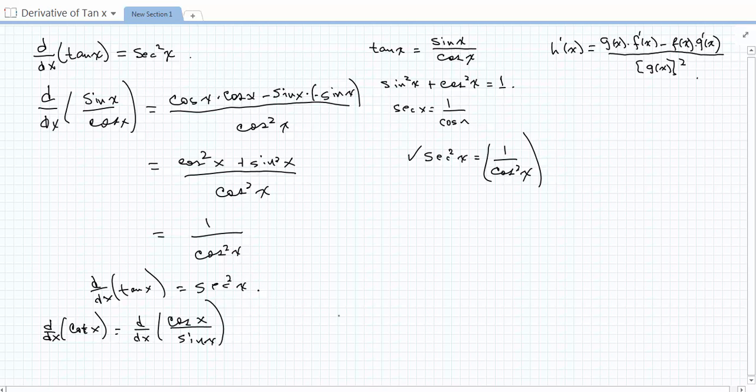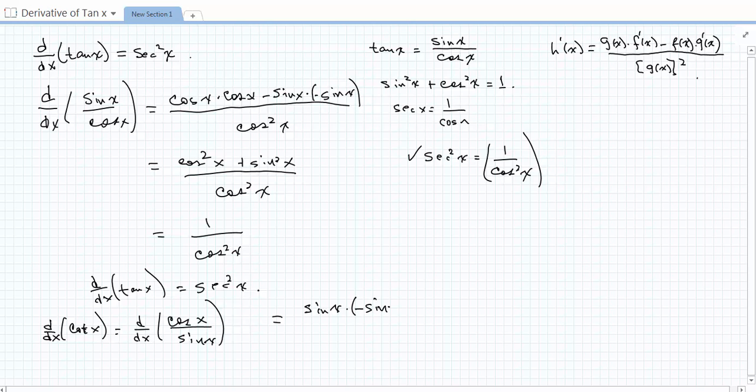And here, the lower function, in this case sine x, times the derivative of the upper function, which is, in this case, the derivative of the cosine, minus the sine.